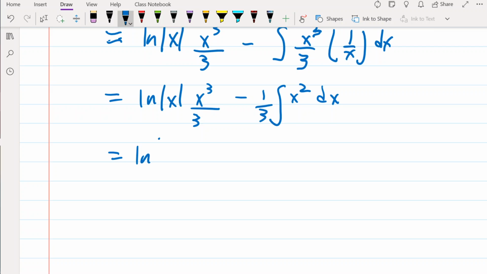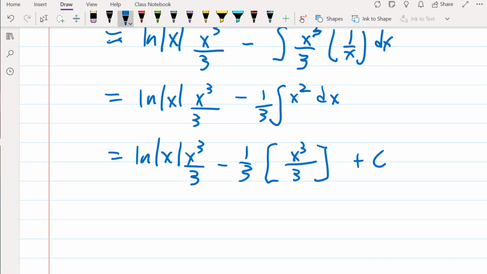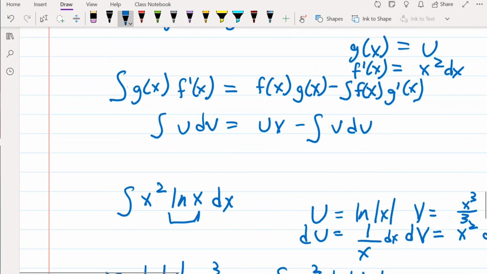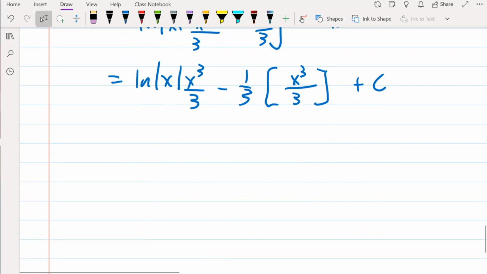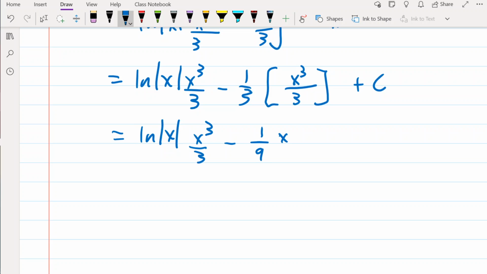So this will be equal to ln of x times x to the third over 3 minus 1 over 3, and then we'll take the integral, so this will be x to the third power divided by 3, plus C. As this is an indefinite integral, we need to have that C, otherwise we'll forget it. Equals ln of x times x to the third power over 3 minus 1 over 9 x to the third plus C.